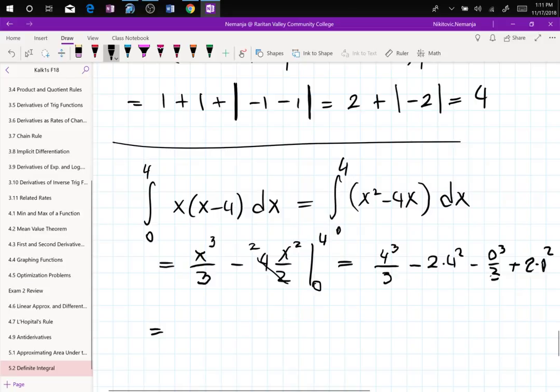Which is equal to 4 cubed is 64, so 64 over 3, minus 16 times 2 is 32. And those others are zeros.